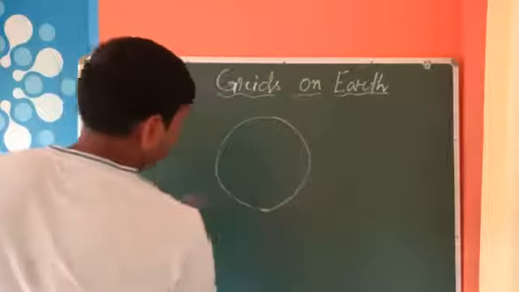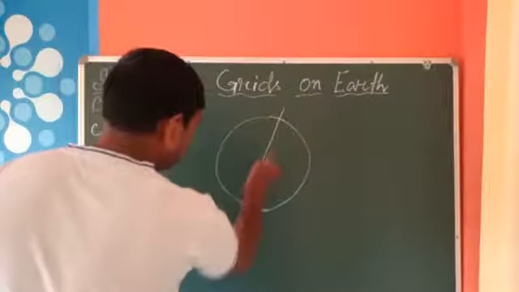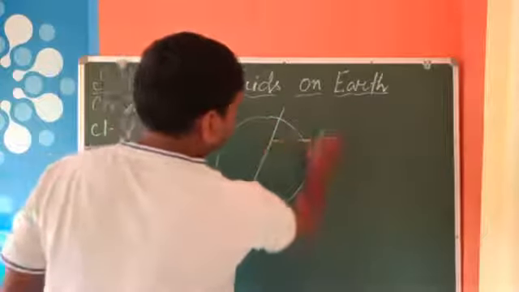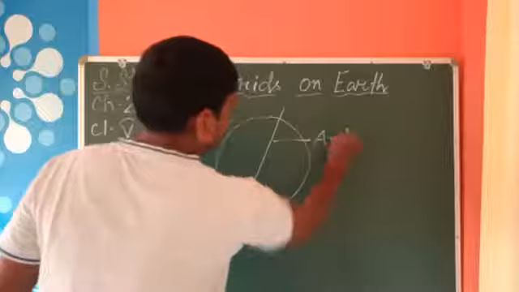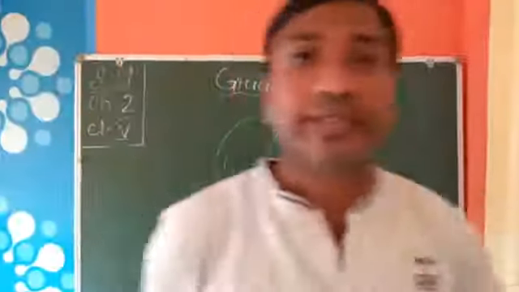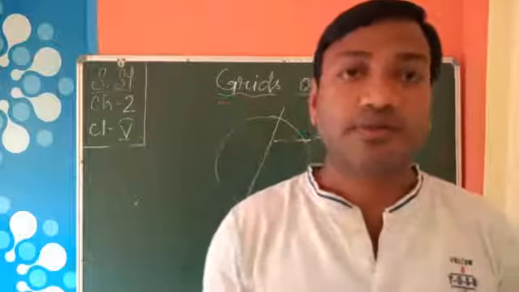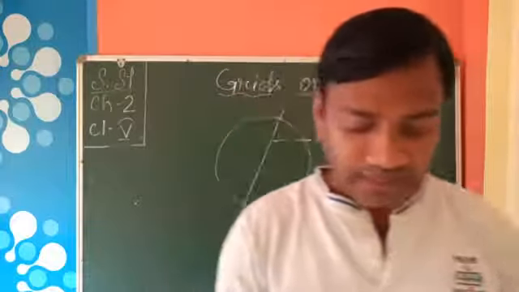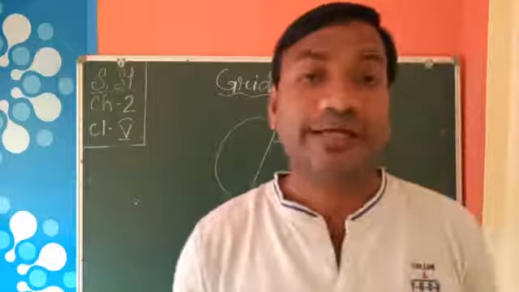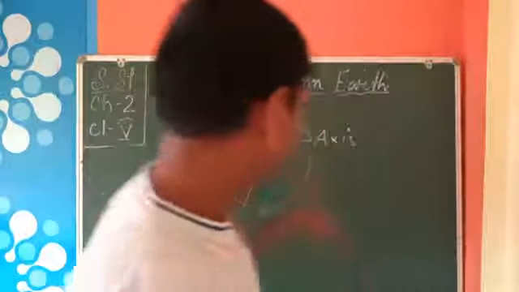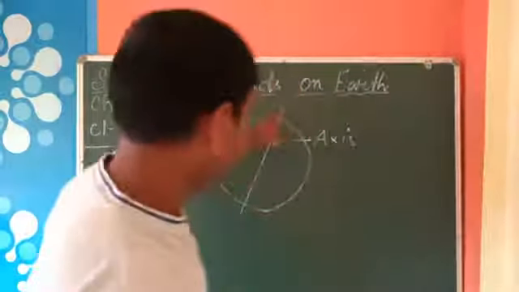Suppose this is the earth and this is called the axis. On that imaginary line the earth rotates and is tilted at an angle of 23.5 degrees. So this line is not straight.